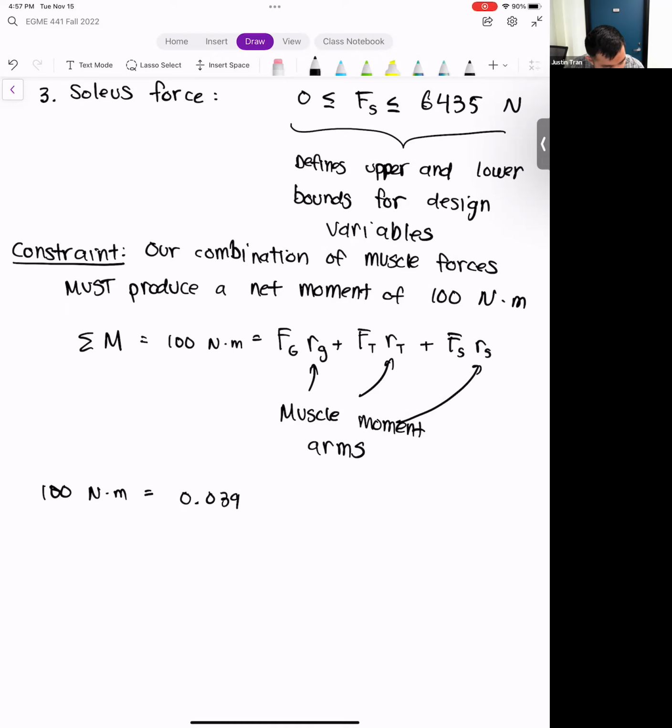0.039, and so that represents 3.9 centimeters, multiplied by Fg plus 0.008 Ft. And so that 0.008 represents the moment arm for the tibialis posterior muscle.